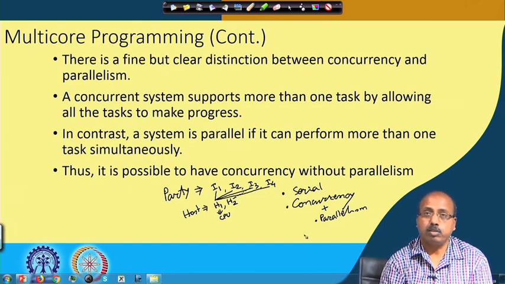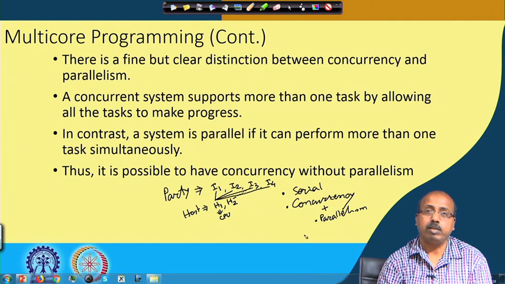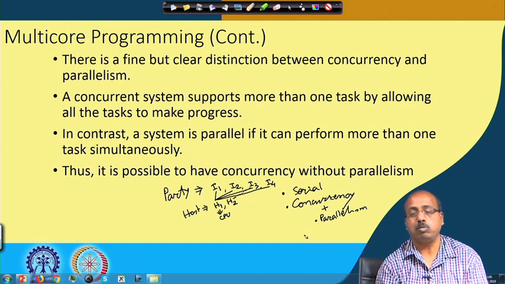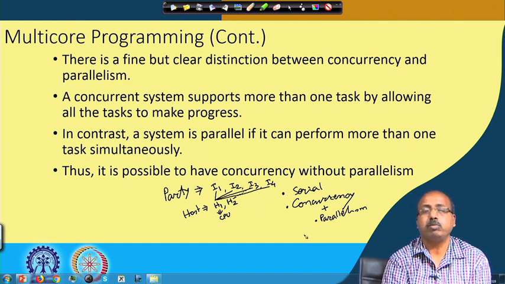In terms of process execution by the CPU, I can have a single CPU which is executing the processes. It may take up each process one after the other. Once the process is taken up, it completes the entire process and then goes to another process. That is a pure sequential type of computation.